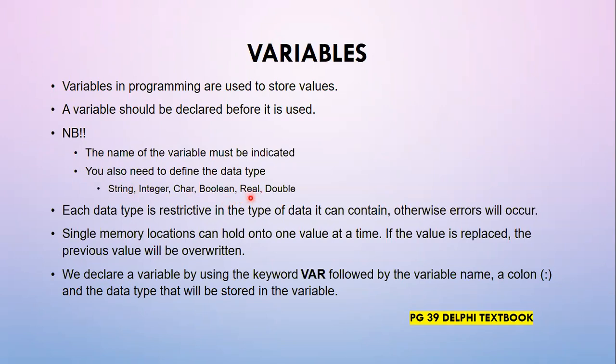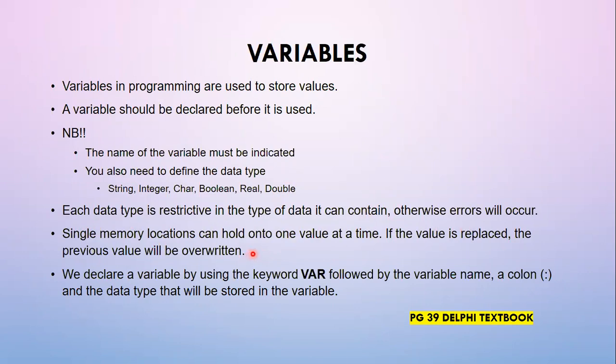A real is when we work with division, and double is when we get into much bigger numbers, as with the binary code that we learned, multiplied by 10. There are times, not so often, that we're going to use a double. Each data type is restrictive in the type of data it can contain, otherwise errors will occur.